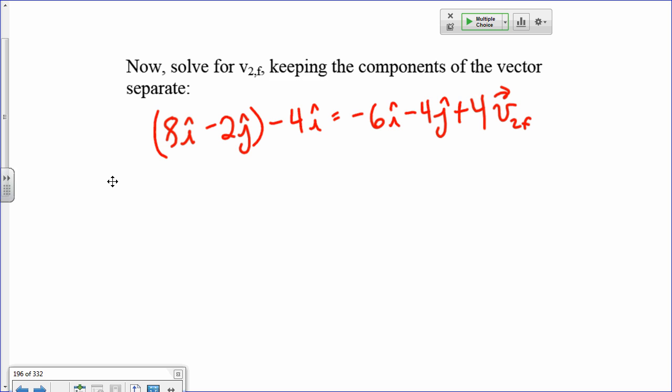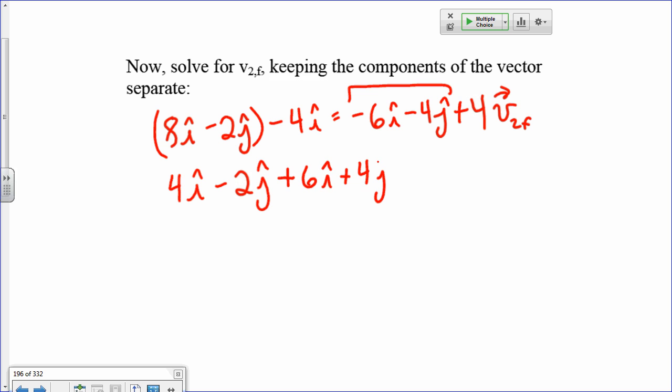All right, so that's 8i minus 4i is equal to 4i minus 2j. And then I'm going to take these terms and bring them over, plus 6i plus 4j. I'm just adding those to both sides to get rid of them, equals 4 v2f, but I just divide both sides by 4, and I get the expression for v2f.